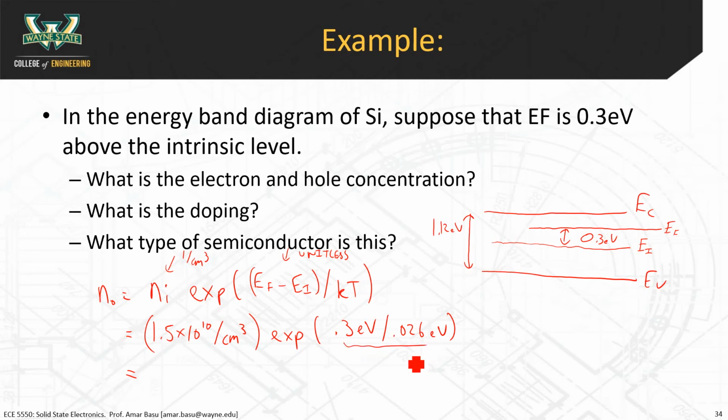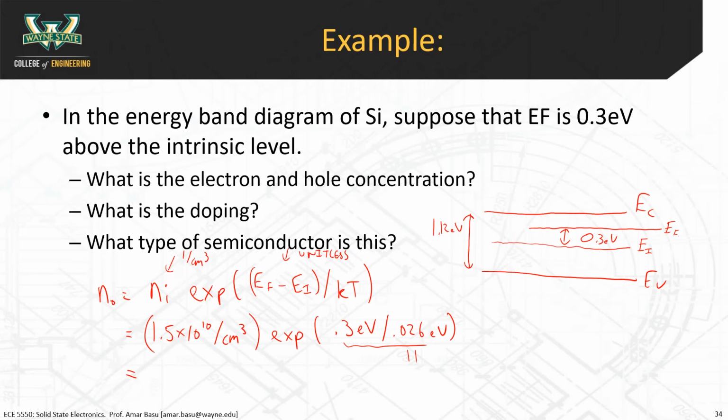This ratio is very important because it's an exponential term, right? So this second term in the equation is going to go up very rapidly the higher that ratio is. The ratio of EF minus Ei and 0.026 is going to be the term that causes the exponential to rise very largely. And when this exponential term gets larger, you multiply this ni by a larger and larger number.